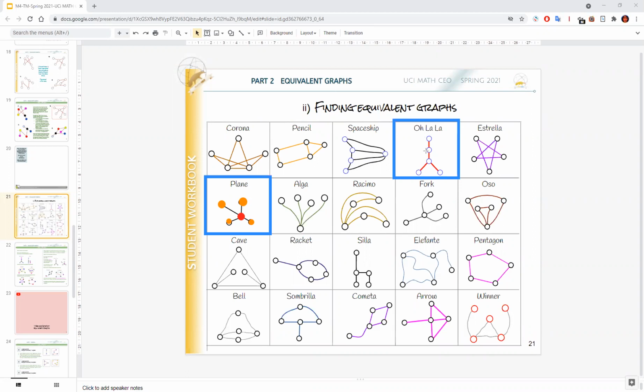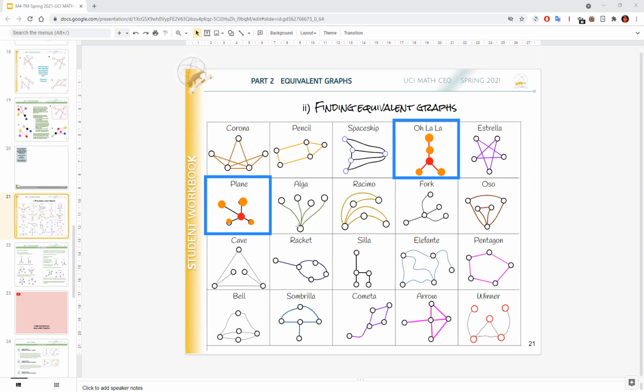But no matter where I put my red dot, it's not gonna be the case that I have 4 neighbors. I just fail. So not equivalent.